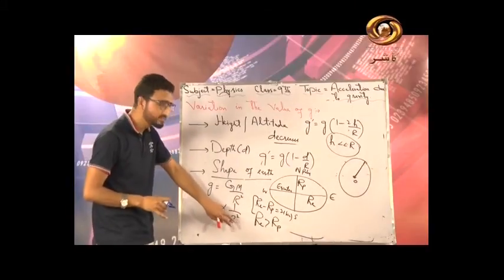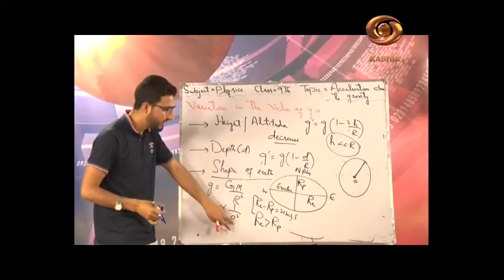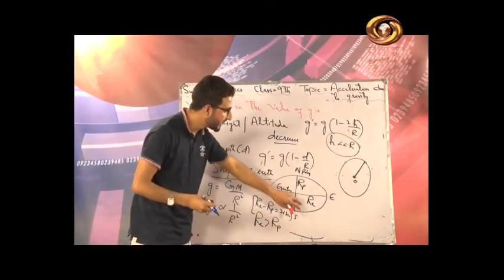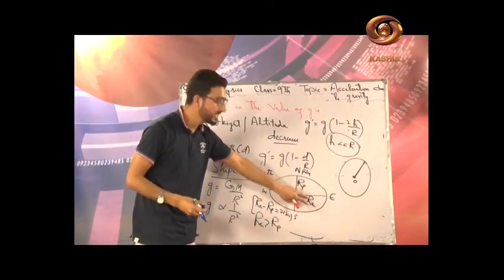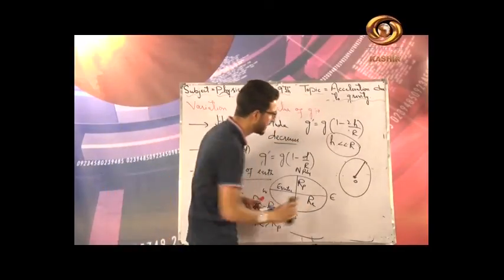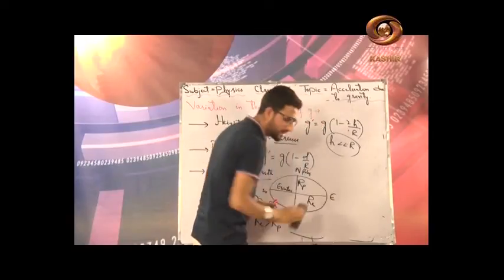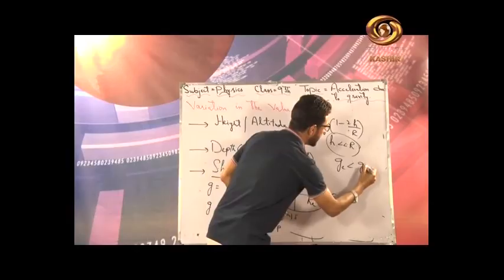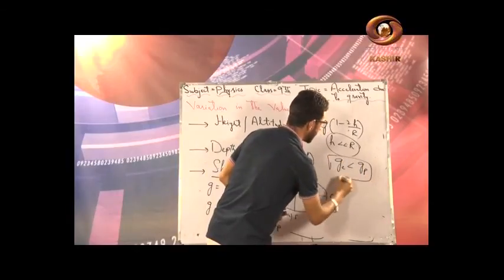लेकिन g और r के दरमियान inverse relationship है, when r is more g is less, when r is less g is more. Look at this very figure, since RE is greater than RP, so g at equator will be less. So I will write it here, acceleration due to gravity at the equator will be less than acceleration due to gravity at poles.